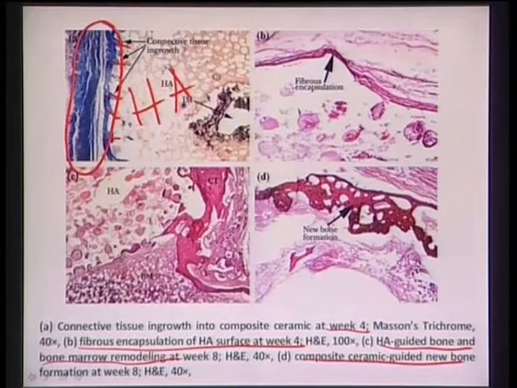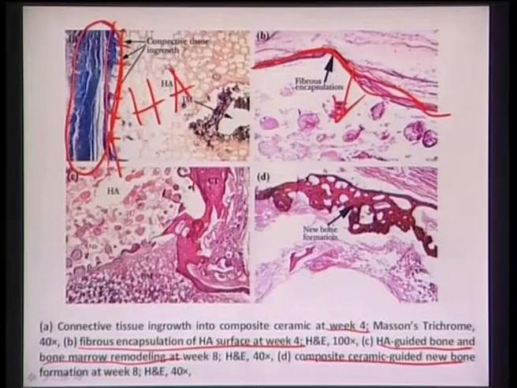Now fibrous encapsulation means, as I said, that if a material is in vivo biocompatible, around the material there will be a fibrous tissue formed, and it will encapsulate the material from the surrounding natural tissue or bone. The third one is hydroxyapatite bone growth.